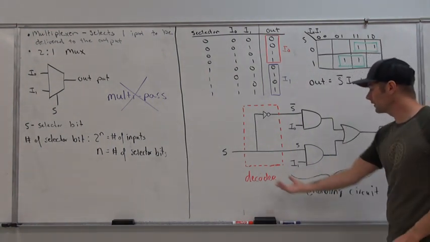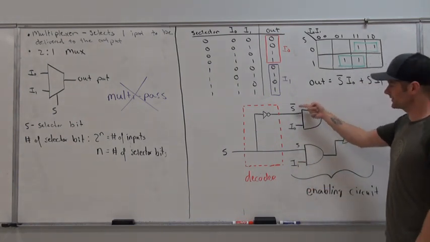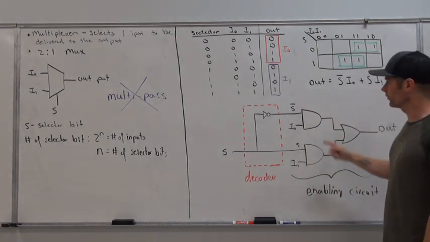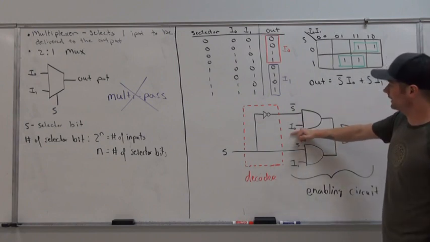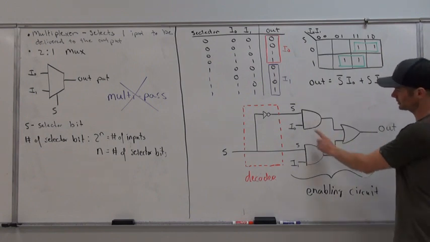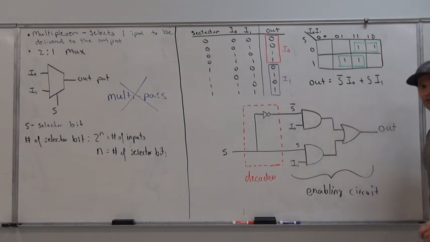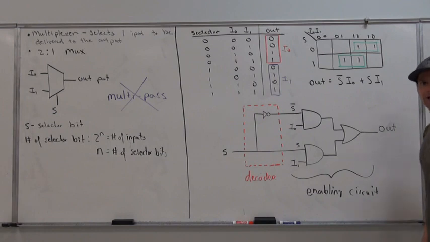So the decoder just takes S and gives us two different separate inputs for each AND gate here. That gate has its own value for I naught as well as I1. The enabling circuit is what actually causes I naught or I1, or what we're going to see in just a bit, whatever inputs we have, to be put to the output.